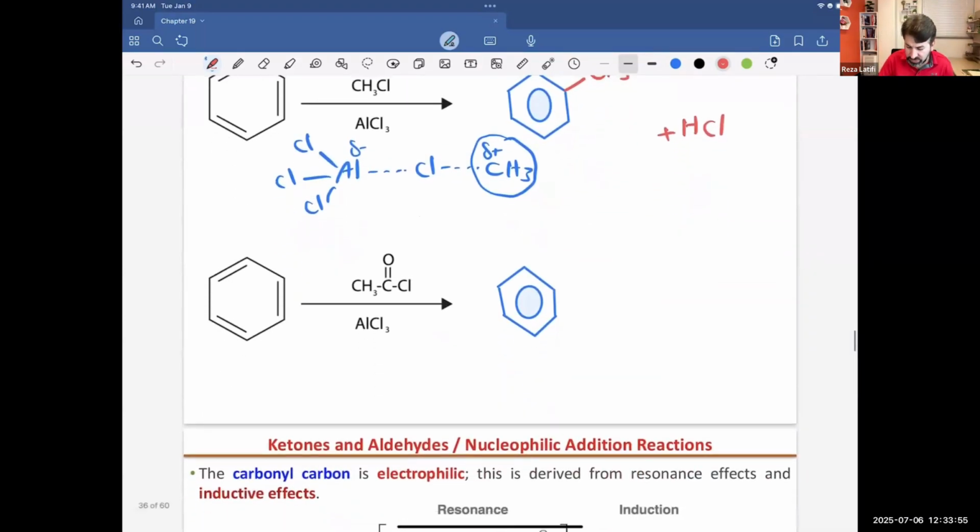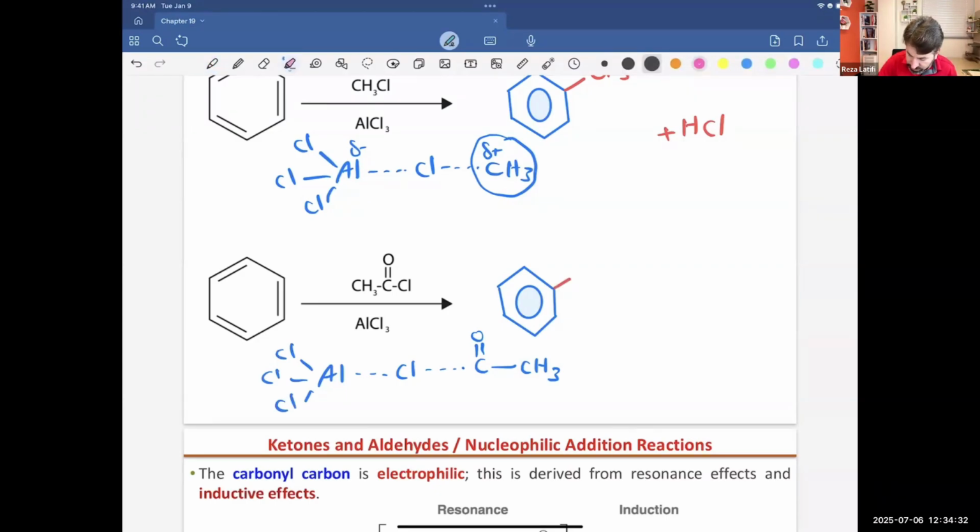In the case of acetyl chloride, it will give us such a compound. Again, aluminum will interact with the chloride attached to the carbonyl, and the chloride will be completely taken by the aluminum. So we'll have aluminum chloride, and that leaves us with this species, the one I'm going to highlight.